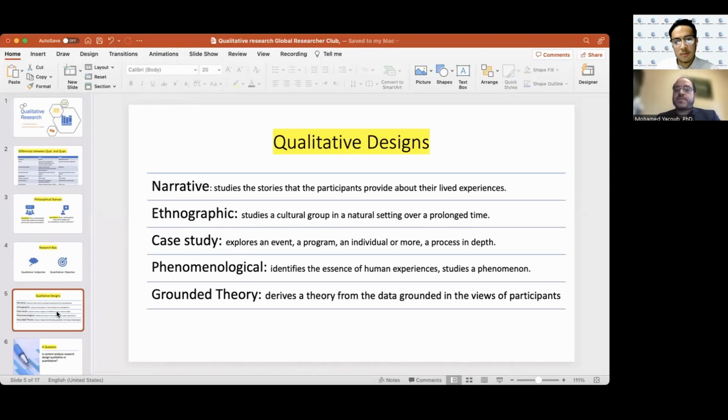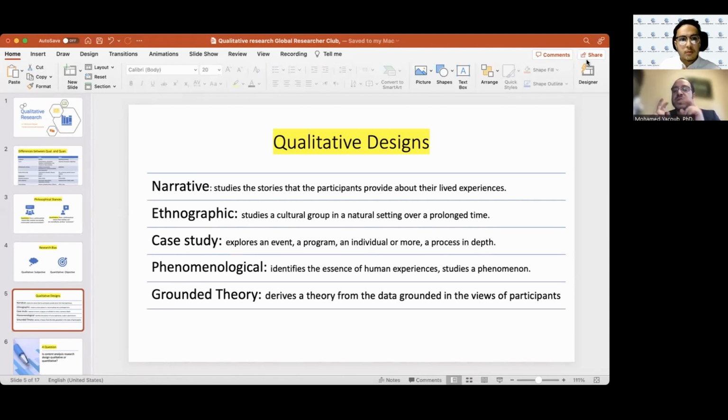So narratives. From the word narrative, you know, it's a story, because narrative and story are just synonyms. So a narrative is the story of somebody. Qualitative designs that adopt a narrative style are interested in exploring stories.